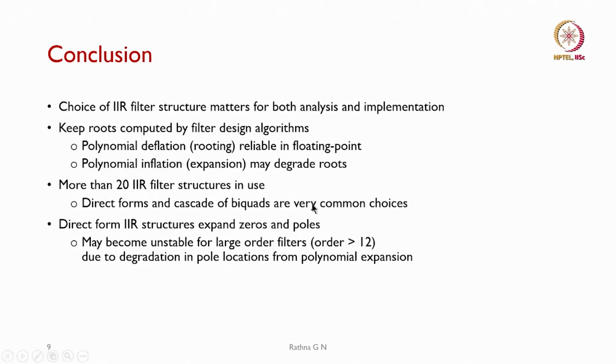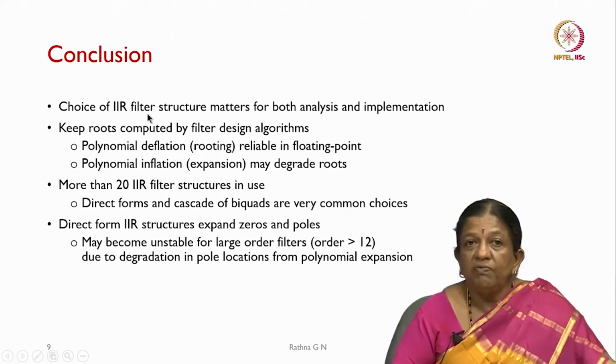To conclude on the IIR filter biquad section, the choice of IIR filter structure matters for both analysis and implementation. Keep roots computed by filter design algorithms, since polynomial deflation, that is rooting, is reliable in floating point. Polynomial inflation, that is expansion, may degrade the roots.